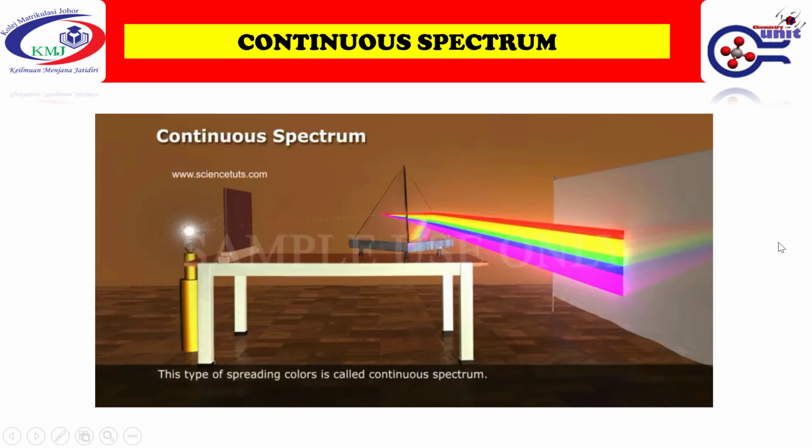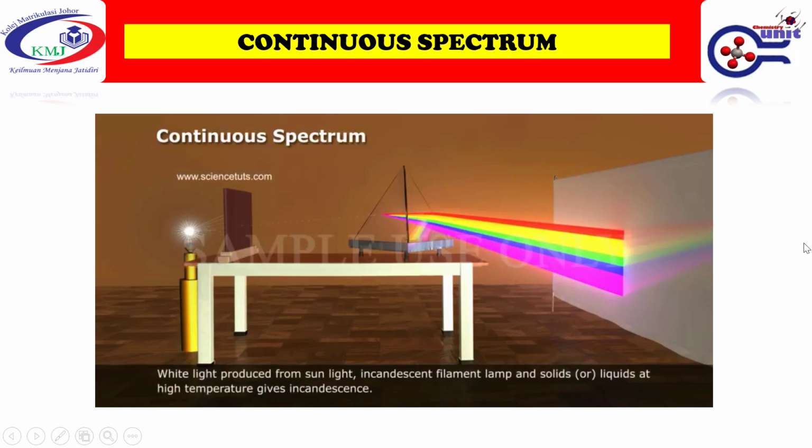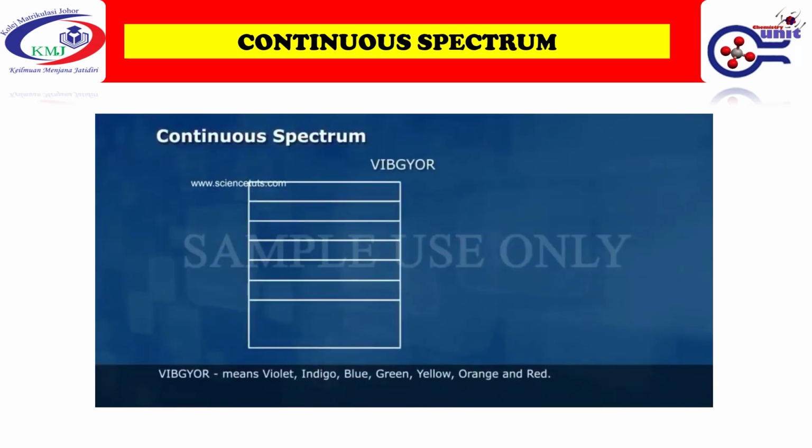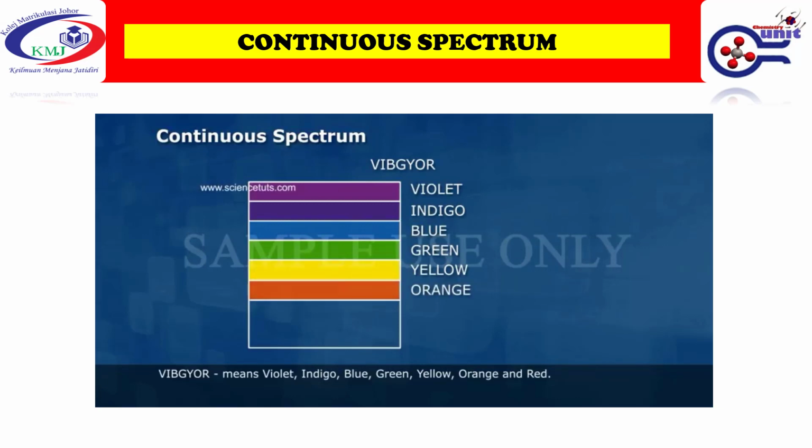This type of spreading of colors is called continuous spectrum. White light is produced from sunlight, incandescence, filament lamps, and solids or liquids at high temperature. Vibrant colors means violet, indigo, blue, green, yellow, orange, and red.